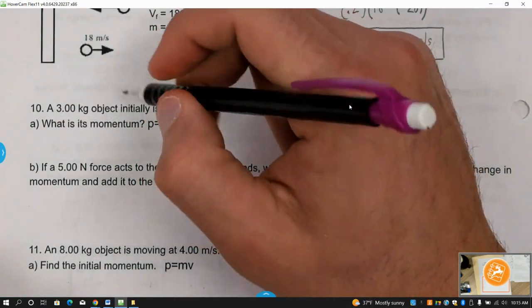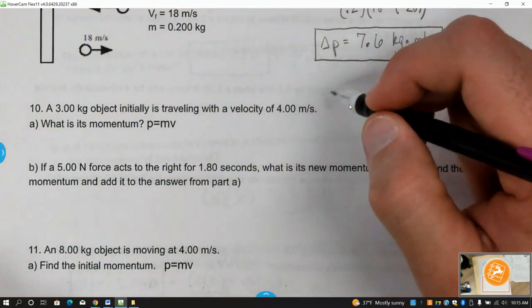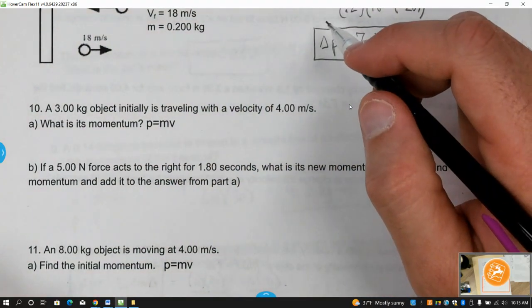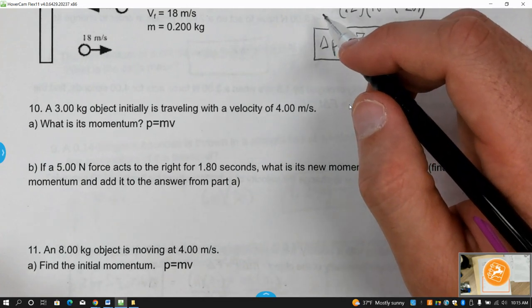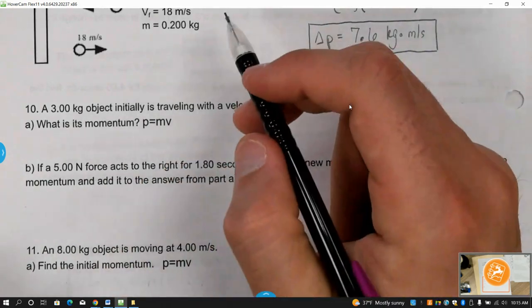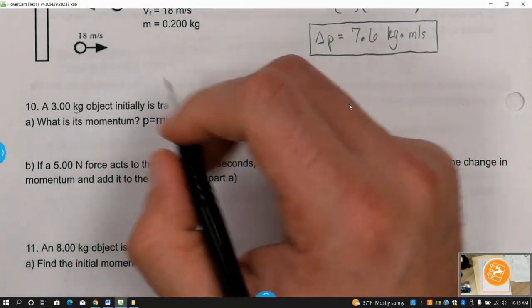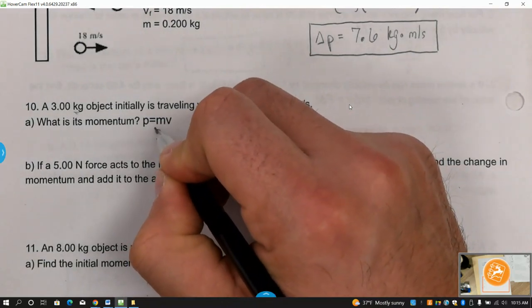A 3 kilogram object is initially traveling with a velocity of 4 meters per second. What is this object's momentum then? Well, kilograms is m, so I'm putting the 3 under the m.